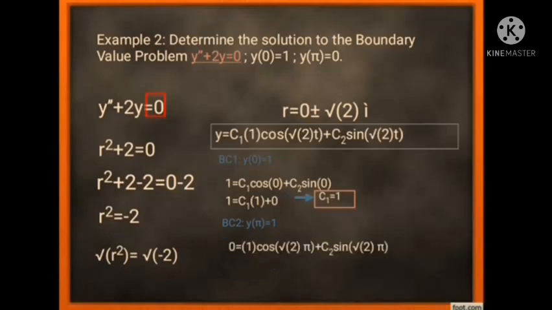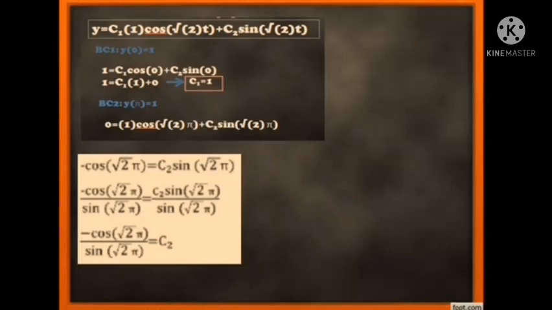Boundary condition 2, y(π) = 0: 0 = 1 cos(√2 π) + c2 sin(√2 π). Transpose the cosine term, so -cos(√2 π) = c2 sin(√2 π).